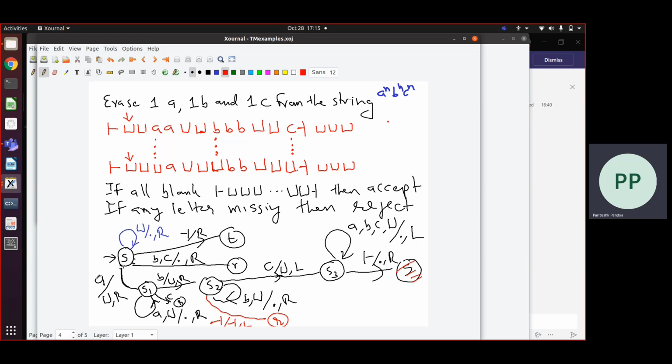If I find an A, the first A I replace by a blank symbol, move one step to the right, and then I skip all the remaining A's and remaining blanks.